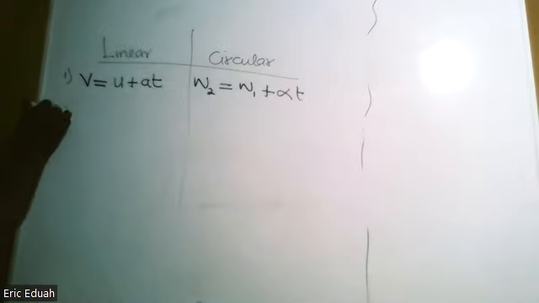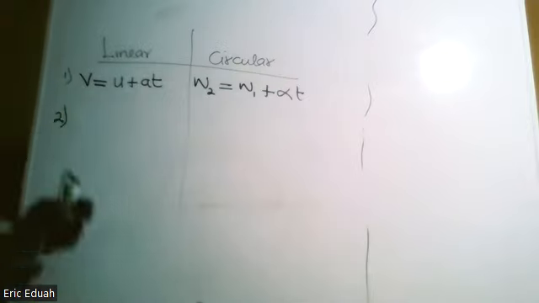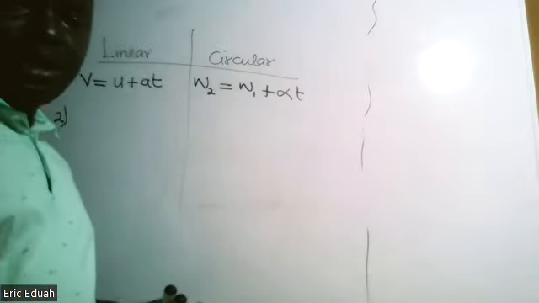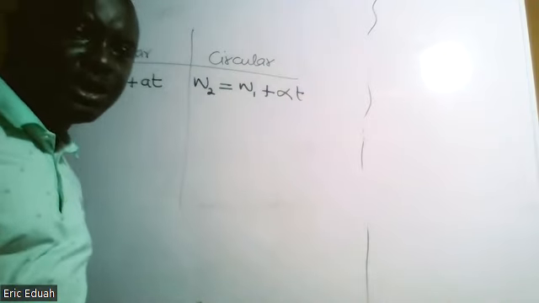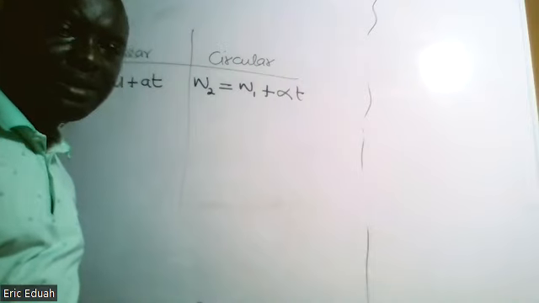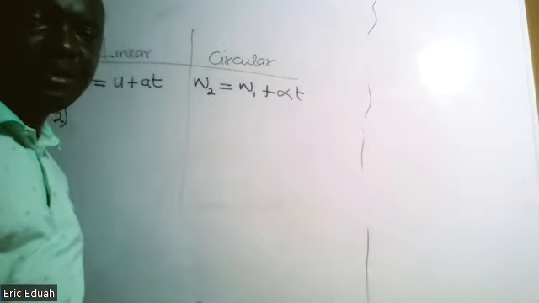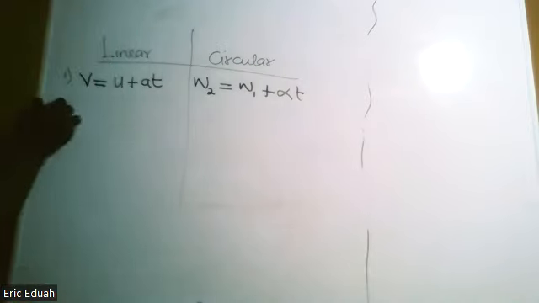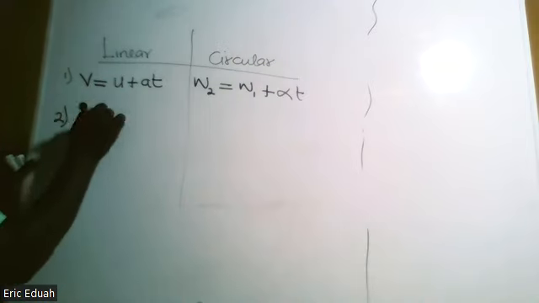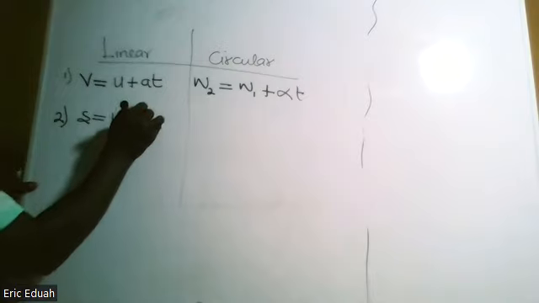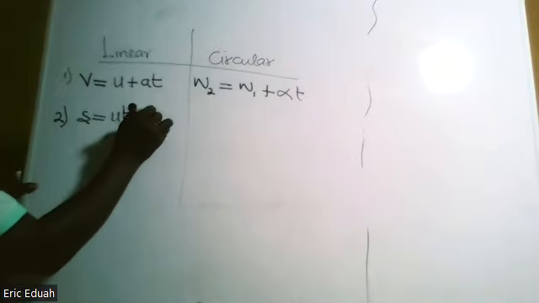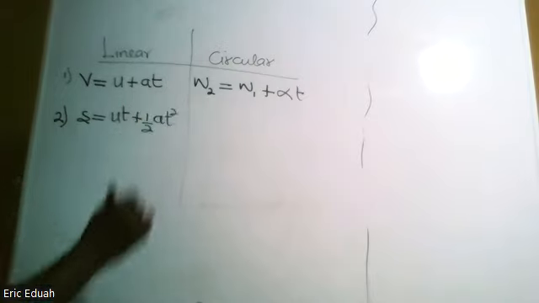Now, what is the second equation of linear motion? S is equal to UT plus half AT squared. Thank you.